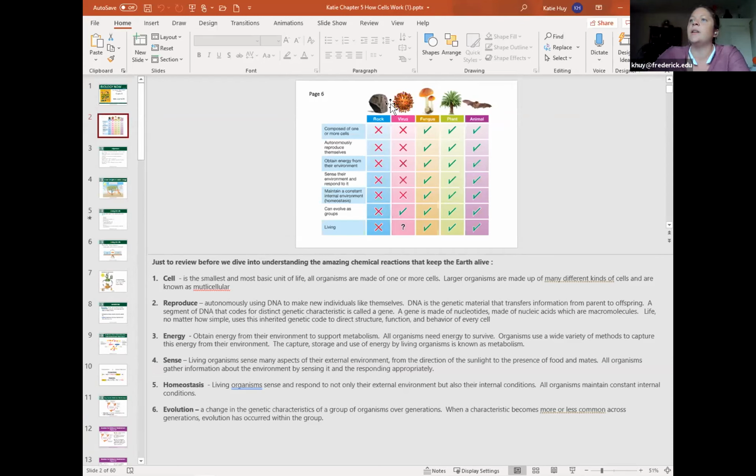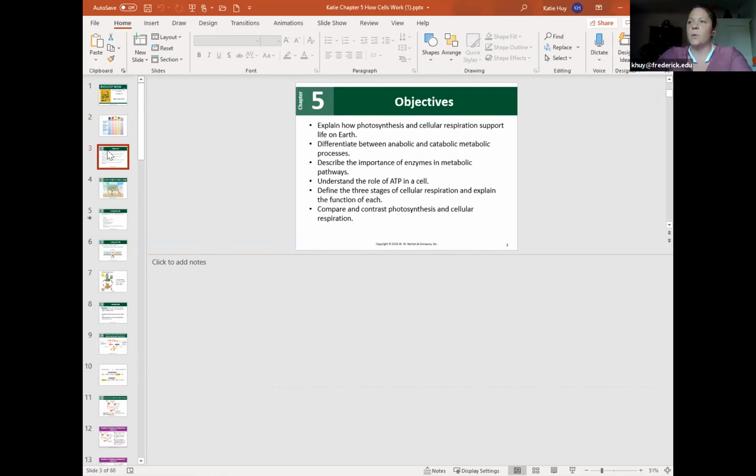Refer back to chapter 1, the 6 characteristics of living organisms, and make sure that you know those 6 pieces and start thinking about how that relates to how the organelles work that we worked with last week. And then this week, when we're talking about photosynthesis and cellular respiration, how do these characteristics, how they evolve, and how are they important for understanding living organisms. So please make sure that you're really looking at these notes that are down here as well.